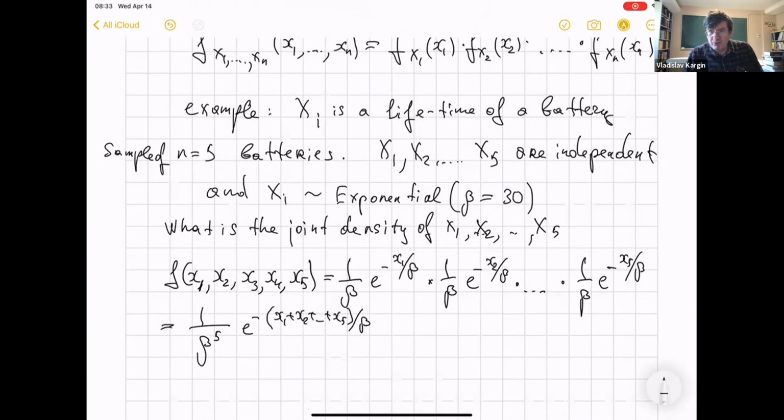Maybe the only thing we also need to say is where it is valid. What's the range? For x1 greater than 0, x2 greater than or equal, it doesn't matter whether greater or greater or equal, since this is a continuous random variable, through x5 greater than or equal to 0, and 0 otherwise.